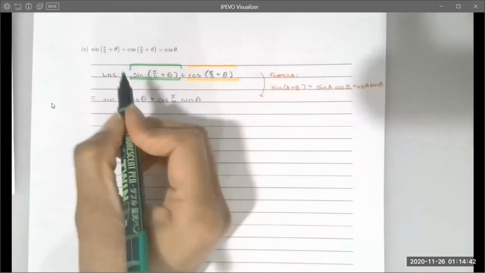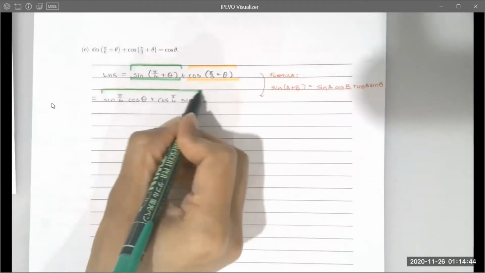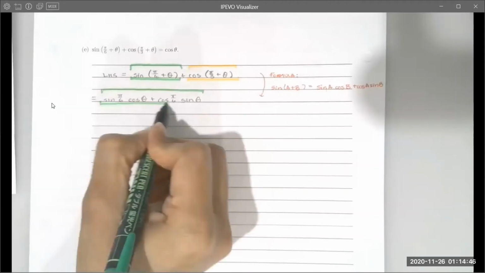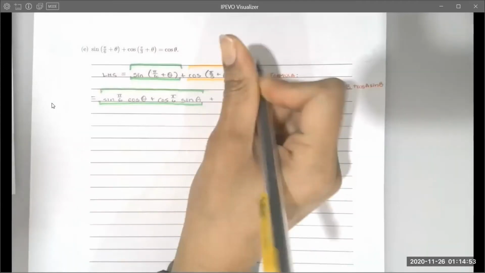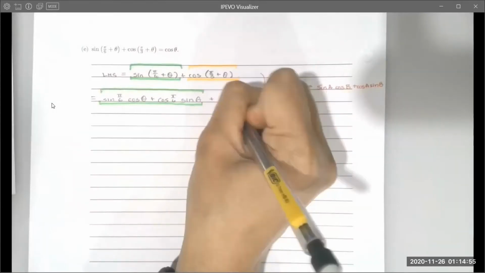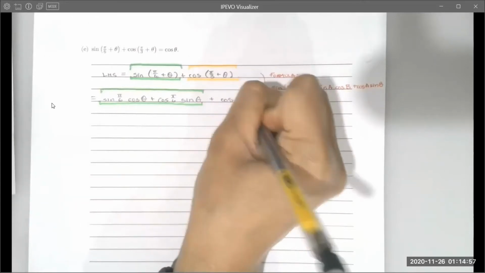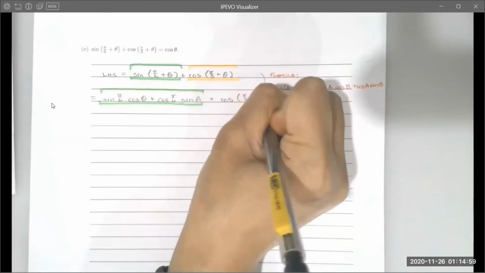Both of those terms are the result of expanding sine of pi over 6 plus theta. That means we still need to bring down the cosine of pi over 3 plus theta, because we haven't worked on it yet.